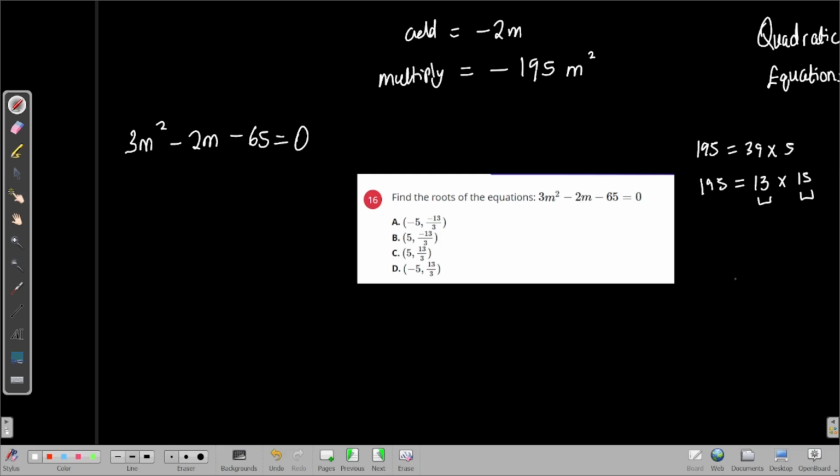So it means that our two numbers will be minus 15 and 13. So minus 15 plus 13, minus 2m. Okay, minus 15m times 13m will give us this. So 3m squared minus 15m plus 13m.